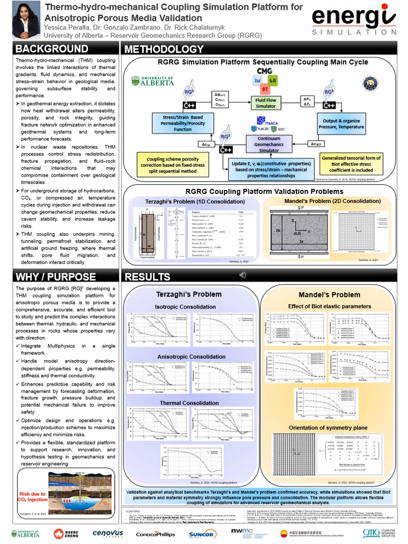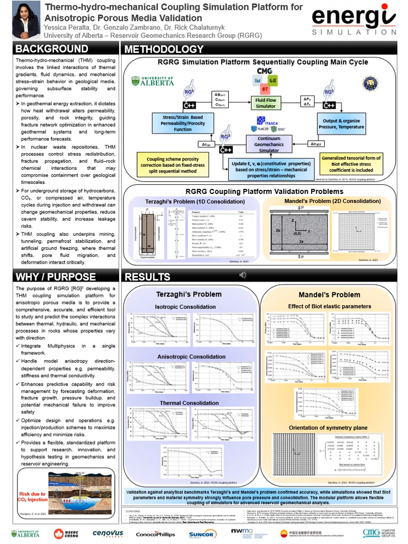In nuclear waste repositories, THM governs stress redistribution, fracture growth, and chemical reactions that affect containment over thousands of years. For underground storage, whether hydrocarbon, carbon dioxide, or compressed air, the temperature cycles during injection and withdrawal can weaken rock stability and increase leakage risks.